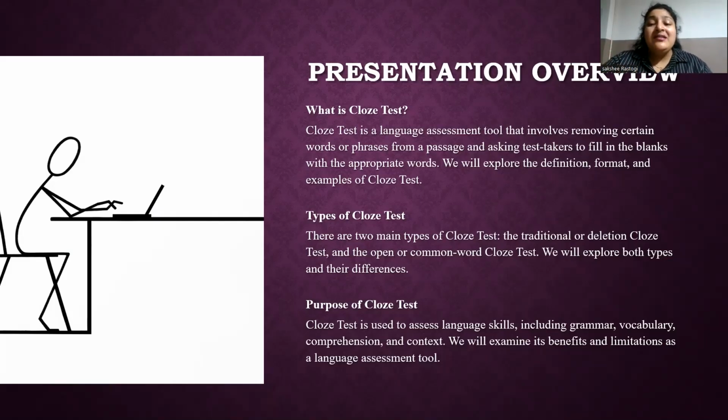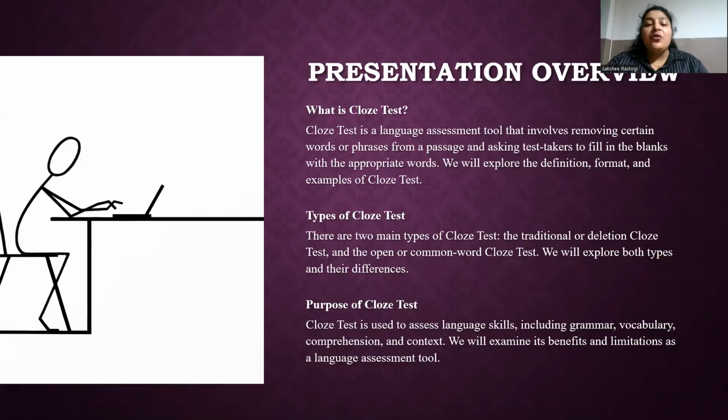Variable cloze means different words or phrases are removed from each blank. So cloze tests assess language skills such as reading comprehension, vocabulary, grammar, syntax, semantics, and pragmatics, and many more. They are commonly used in language teaching, learning, and assessment as well as in research studies.